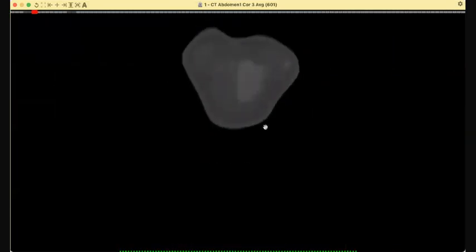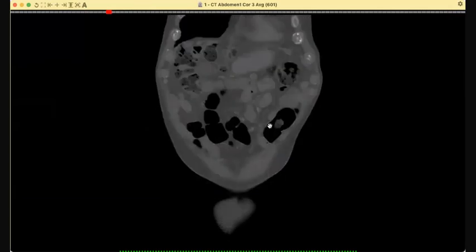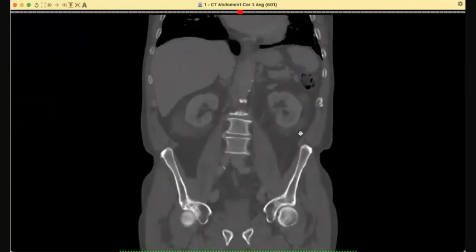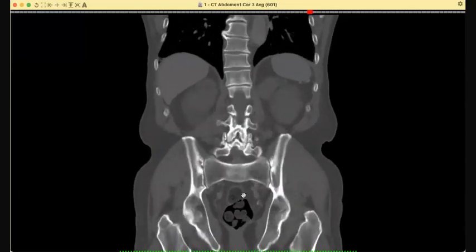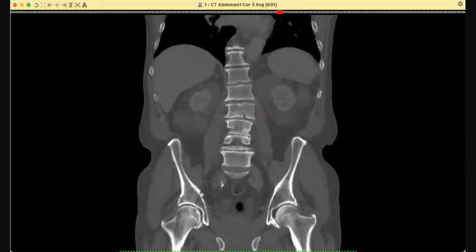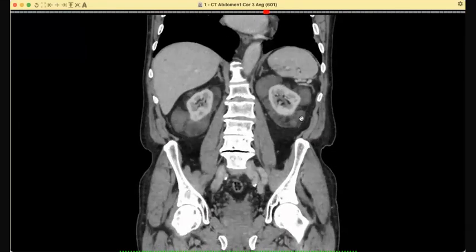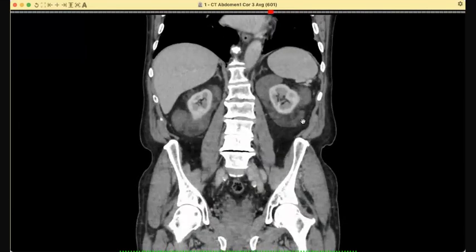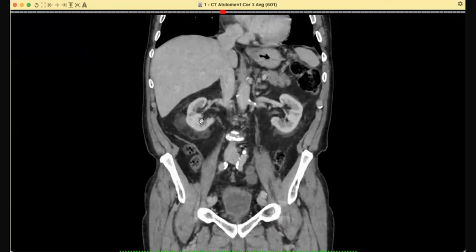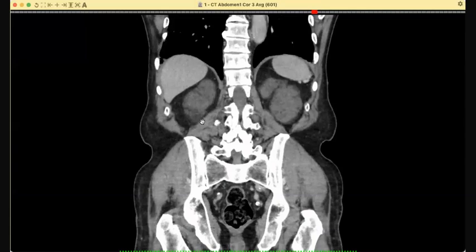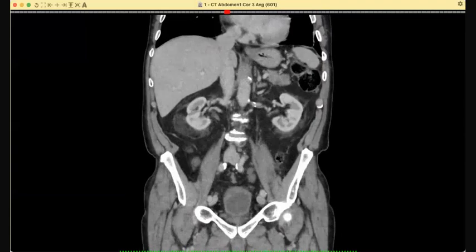Now, if you go to the bone window and try to look for anything in the femora, we don't see any other stigmata of this. However, the finding as far as the kidneys are concerned is pathognomonic. You cannot confuse it with anything. It's an Aunt Minnie. So, Erdheim-Chester disease.